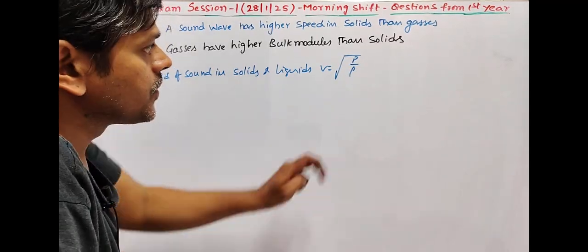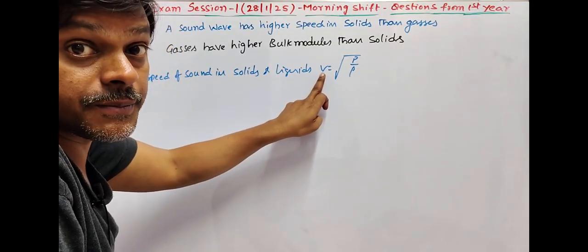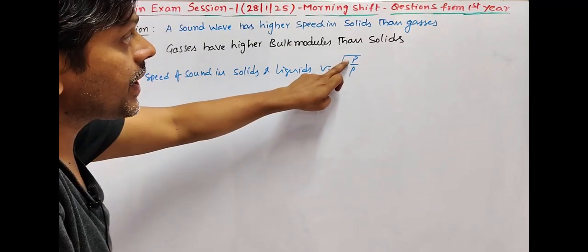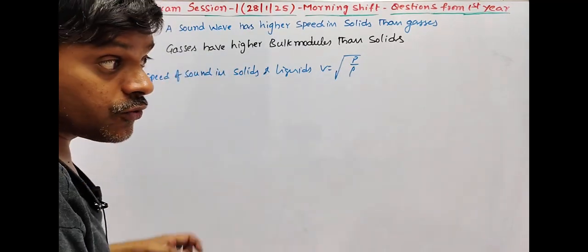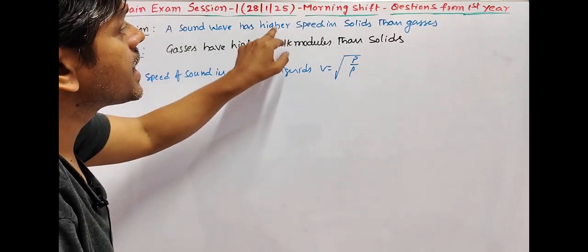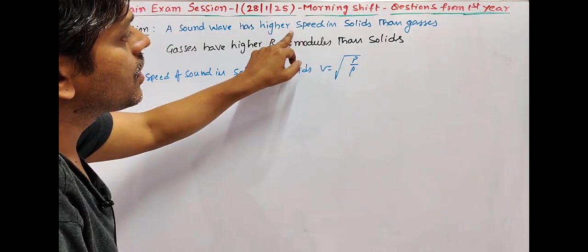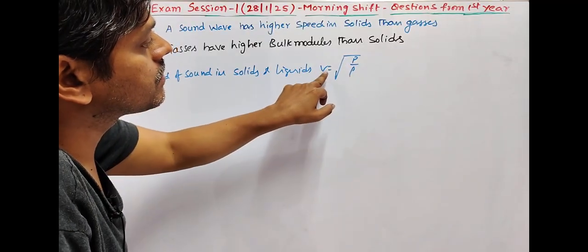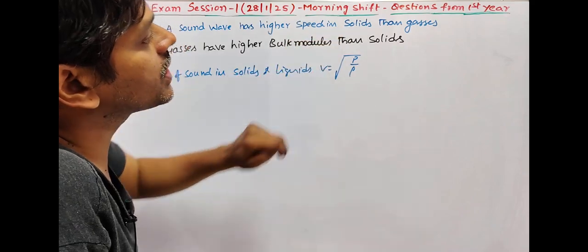The more the pressure, the more the speed of sound in that medium. Compared to gases, in solids the molecules are very close. So when you apply a pressure, it is equally distributed to all the points. That's why in gases the pressure effect is less, so the speed is less. But in the case of solids, more pressure, then more speed. So a sound wave has higher speed in solids than gases.